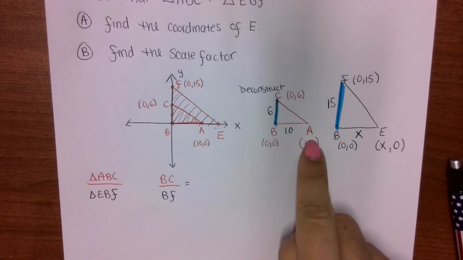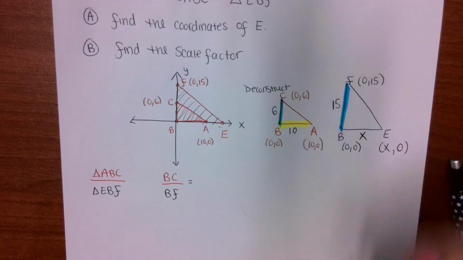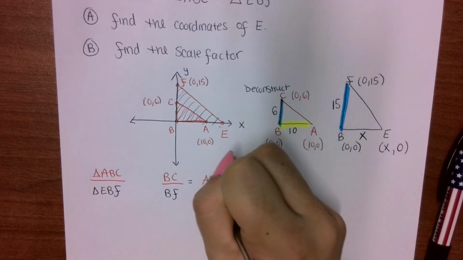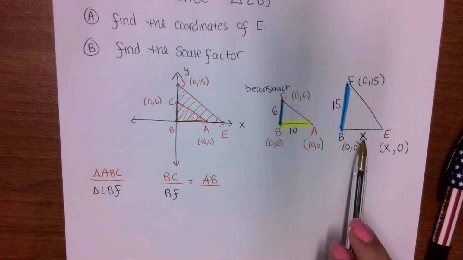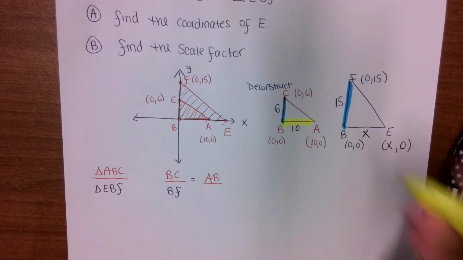And then I have AB is 10. So AB is right here. And in the other triangle, AB corresponds to EB.